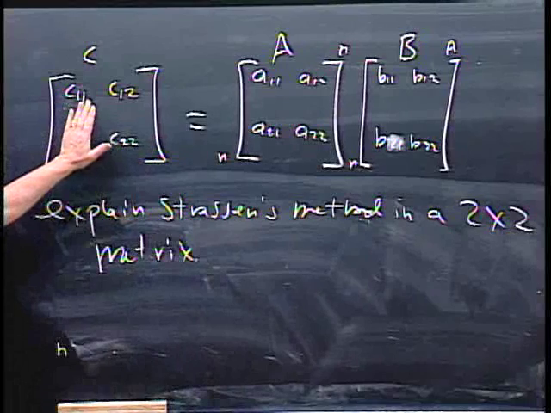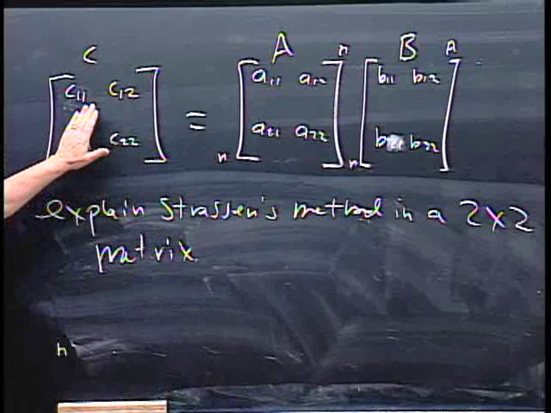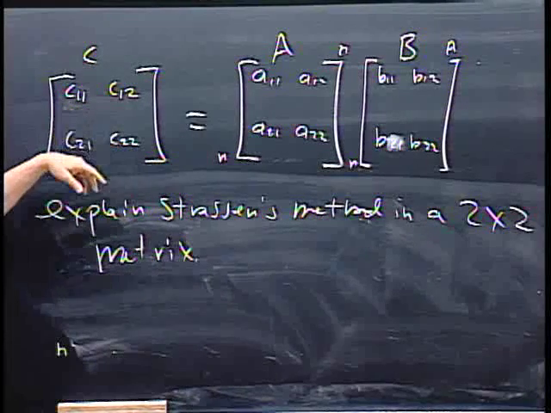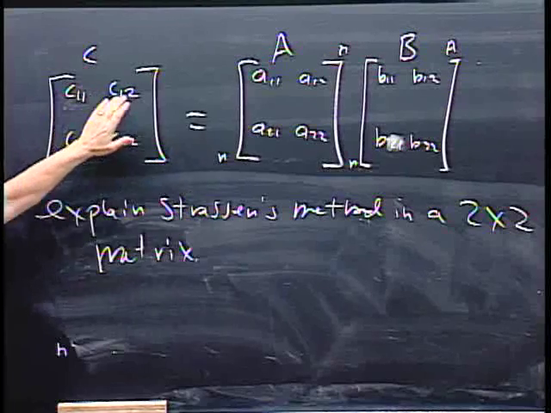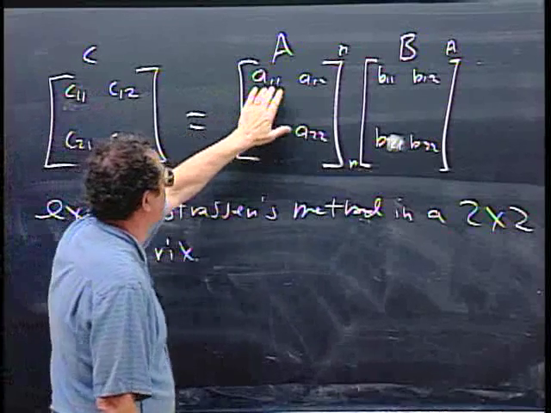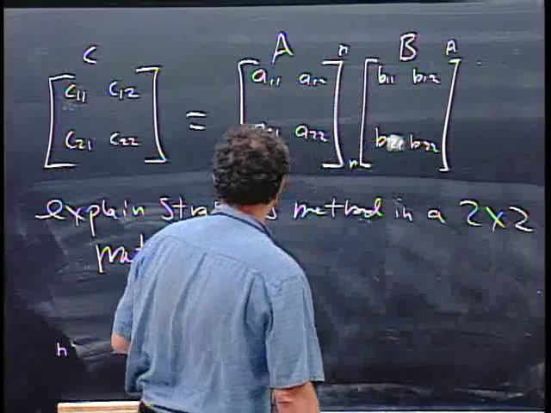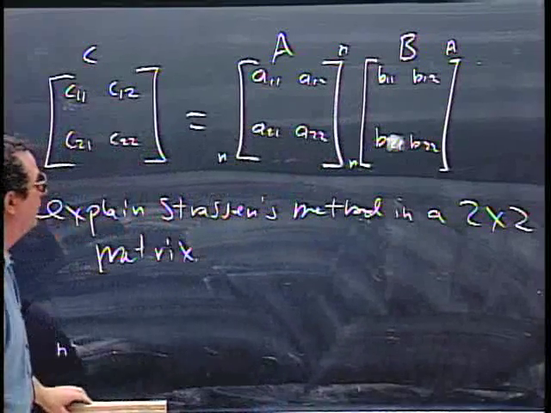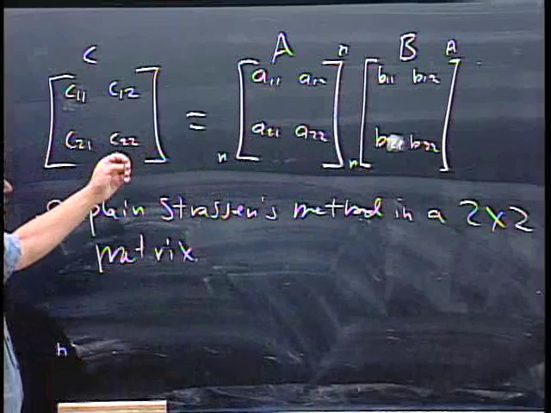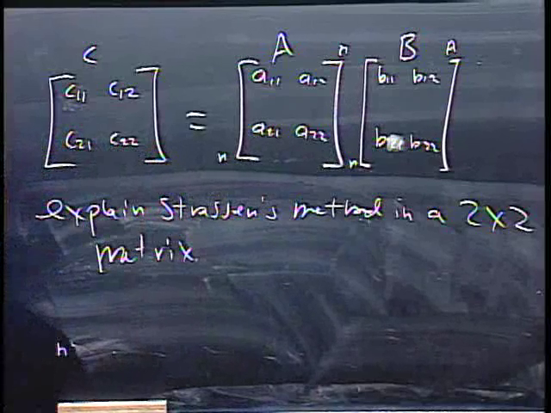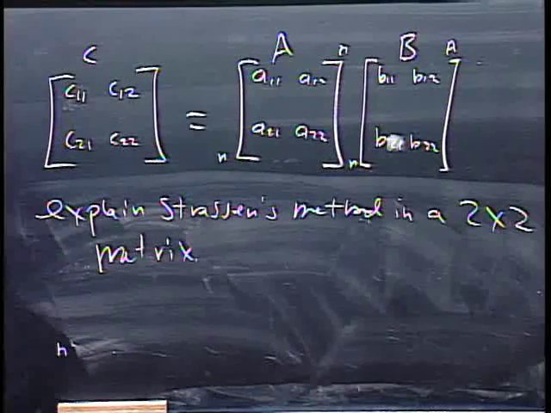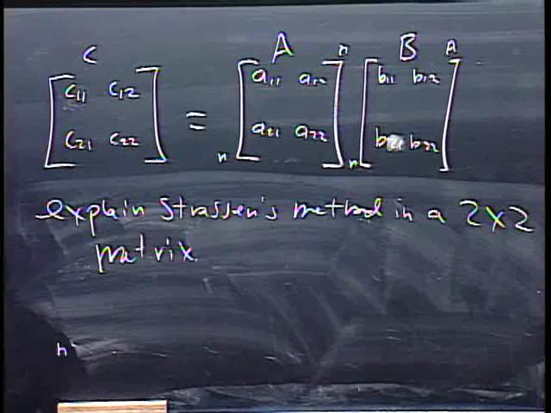So the normal 2x2 multiplication would be 8 scalar multiplications, A11 times B11, etc. There would be 8 total scalar multiplications. And I'm going to show you how to do it with 7 total scalar multiplications and 18 additions, but we've seen in the recursion that 18 is not really harmful.